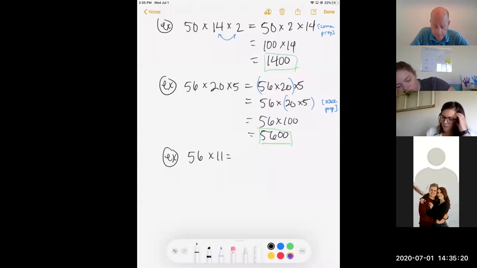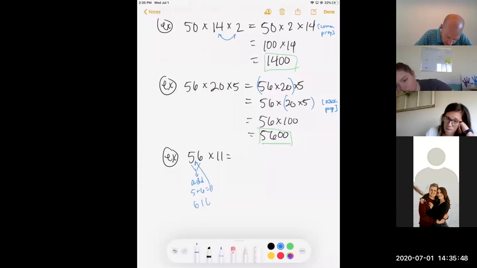Okay, go ahead. Didn't you say there was like an 11's trick, because with singles they repeat, but with doubles they repeat with a 0 in the middle? Yeah, the 11's trick was to take the 5 and the 6, add them up. 5 plus 6 is equal to 11. Okay, now since there's doubles, you put the 11, this 1 with the 5, and so it's got to be 6, and then the 1, and then the 6 there. Okay, so that's the 11's trick, but we're going to use a property of math, though.